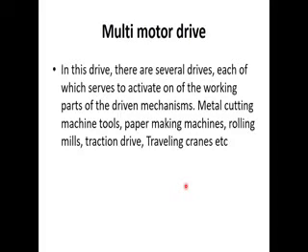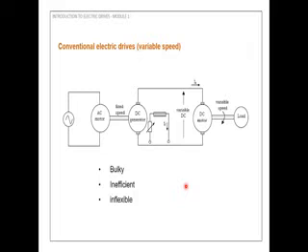So this is the basic structure of the traditional, conventional type electric drive system. See the structure: the purpose of the drive is to control the speed of a DC motor which is attached to the load. In order to control the speed, we are using two more electrical machines, that is one AC motor and a DC generator.